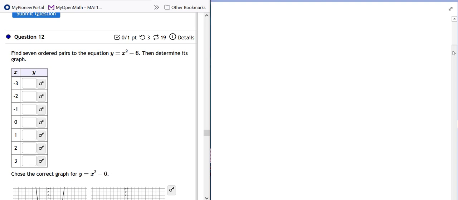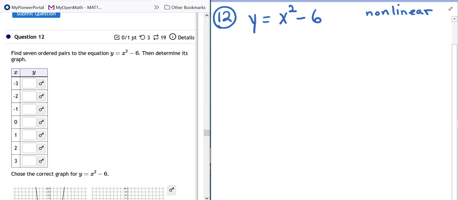But if you have one that is not a line, and we know this one is not a line because of the exponent of 2, so this one is nonlinear, you need more than those 2 points. You also need some positives and some negatives because you want to see if anything happens to those negatives. So we'll go through this one.